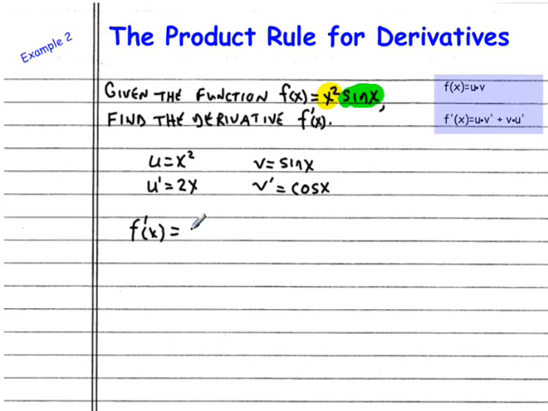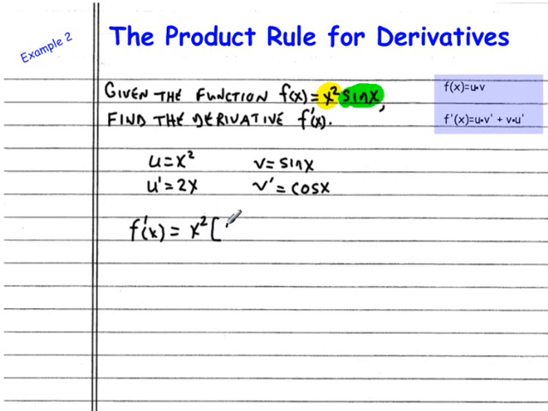Now, I'm going to practice what I was speaking of earlier, and we've got this that you can refer to, but the way I think about this, and the way I'd like you eventually to, is to think, oh, the product rule says take the first function, which is x squared, and multiply that with the derivative of the second function. Well, the derivative of sine of x is cosine of x.